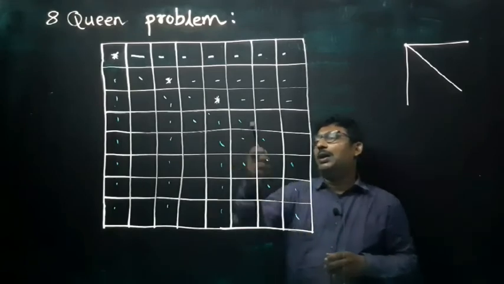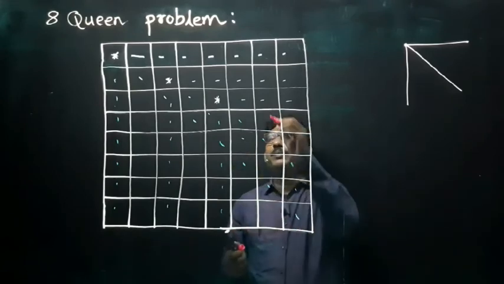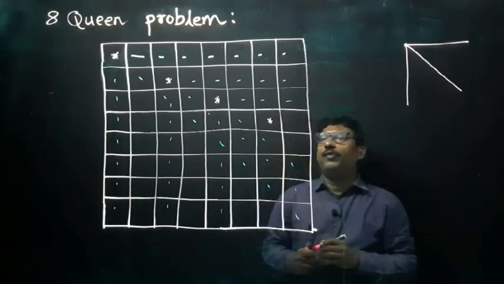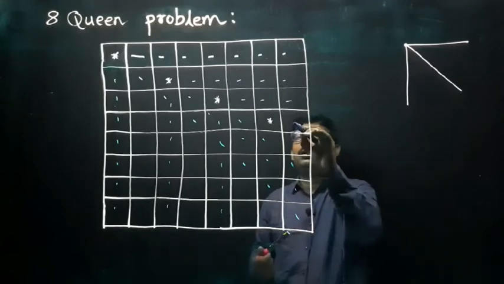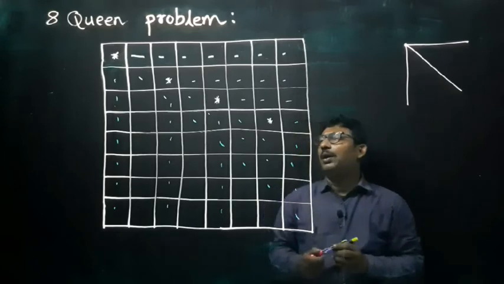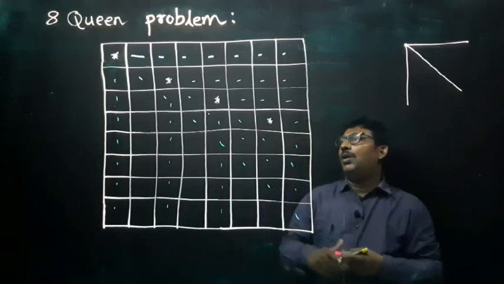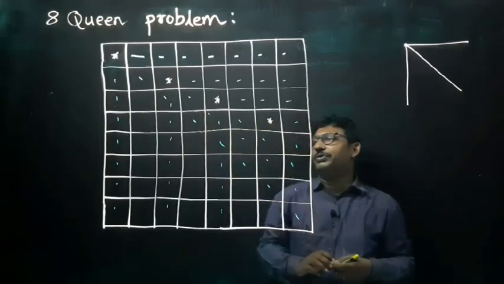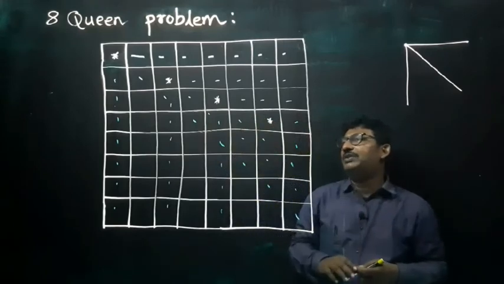Then the next step is you can keep a queen here, where you cannot keep one here or here. So now 1, 2, 3, 4 queens we already used, and 4 queens are left with us.